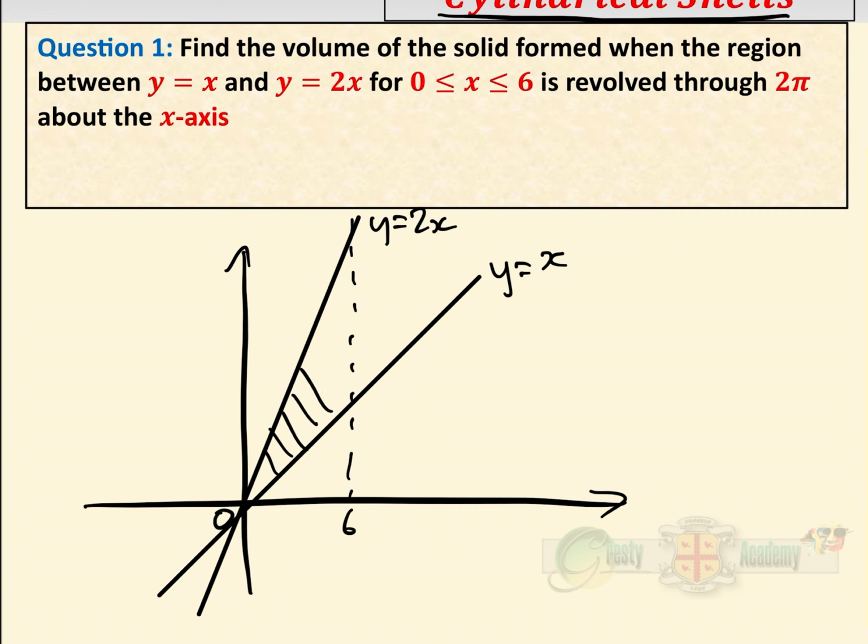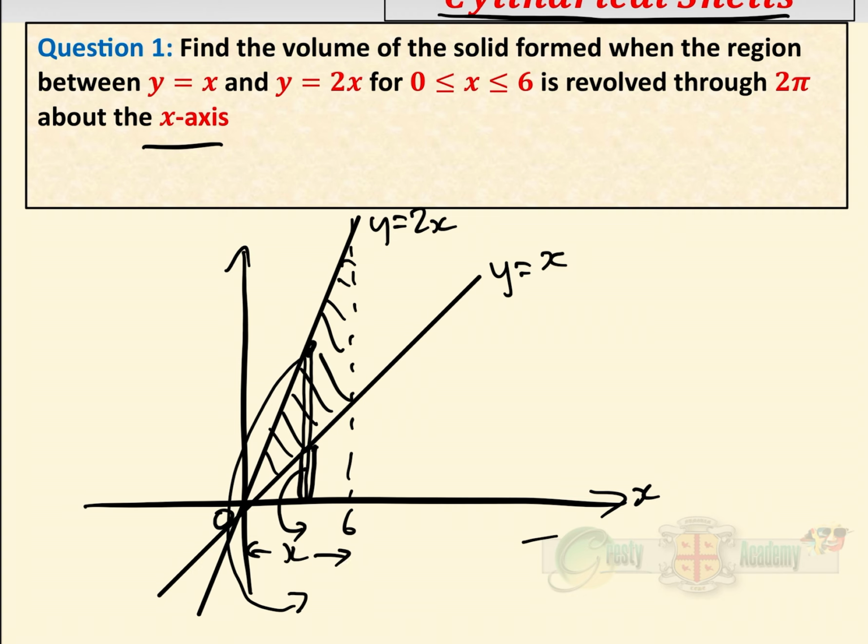So clearly this is the area that we're going to rotate around the x-axis, and the way we did it previously was we took this point here and we used a disk. So we had a disk like that, which we rotated all the way around the x-axis, and then we took away this disk, which we rotated around the x-axis to give us a sort of a washer, and we integrated that between x goes from 0 to 6.